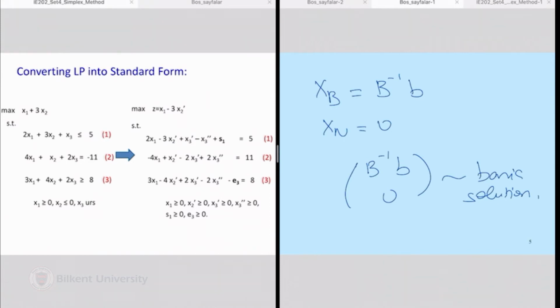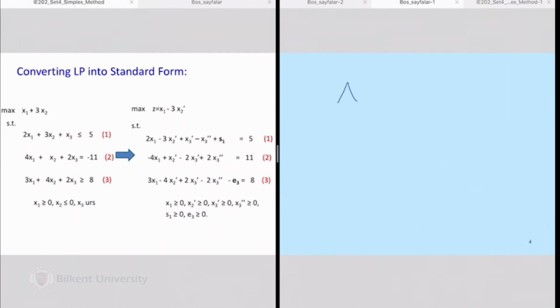But remember, it's not just Ax = b I want to deal with in LPs. I also want to have non-negativity, right? So these are my basic solutions, which I know how to get.